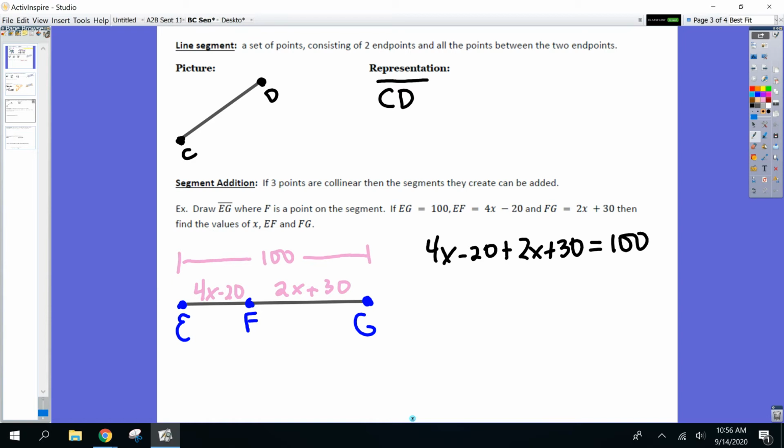So go ahead. I'll give you a second or two. Solve for x. When you get the value of x, let me know.